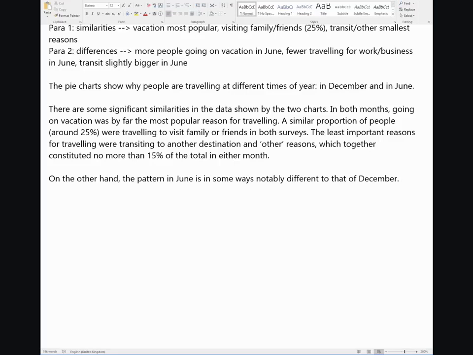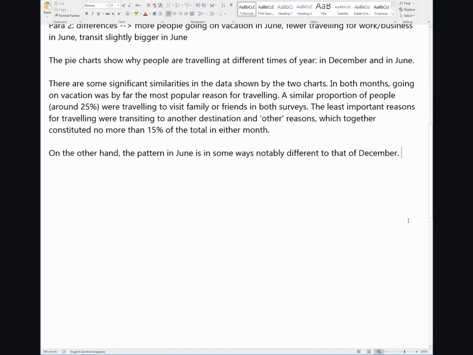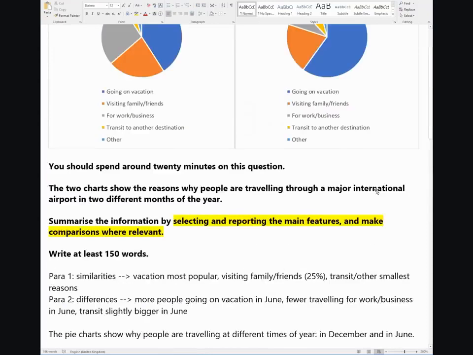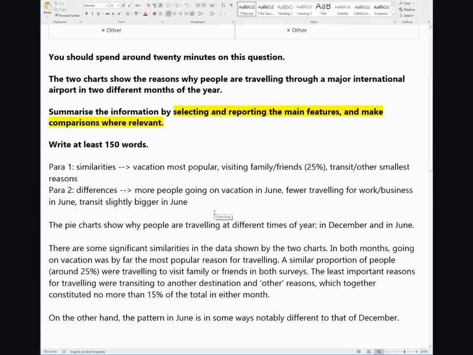Right, so now I need to go through my plan again and make my specific points. And like I said, I'm going to be putting more specific details and numbers in this paragraph compared to the first one. Let's do a quick time check. I've got 9 minutes. Okay, hurry up. Right, vacations. What am I going to say about vacations? Well, I guess the obvious point to make is that it's over half in June and it's under half in December.